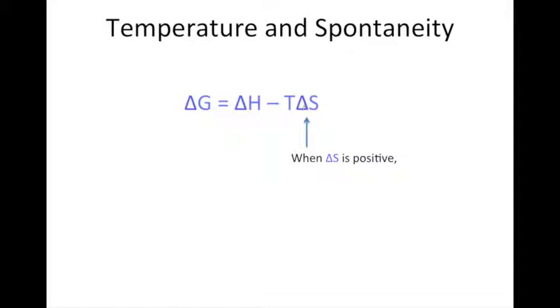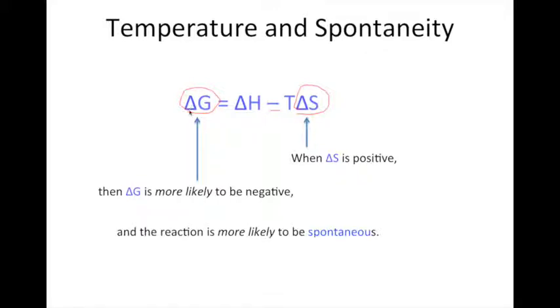When delta S is positive, since we have a negative sign here, delta G is more likely to be negative. So the larger, the more positive the entropy change, the more likely delta G is to be negative for that reaction. The more likely delta G is to be negative, the more likely the reaction is to be spontaneous. And of course, the opposite is true.